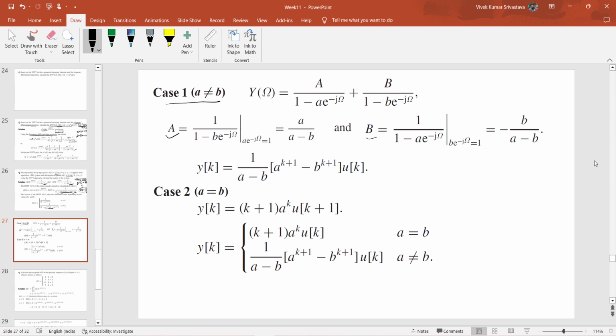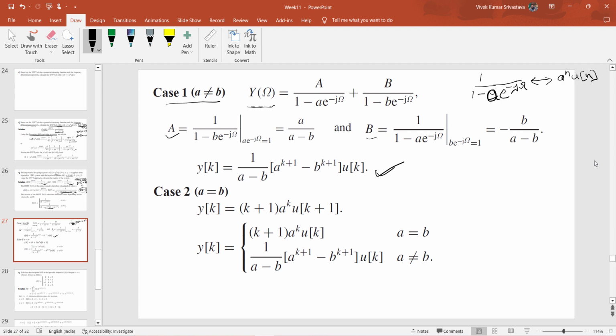Now you will put the values of A and B in this expression of y of omega and take the inverse Fourier transform. After taking the inverse Fourier transform you will get this expression, because we have already seen that corresponding to 1 over 1 minus a e raised to the power minus j omega, the signal in the time domain is a raised to the power n u of n.